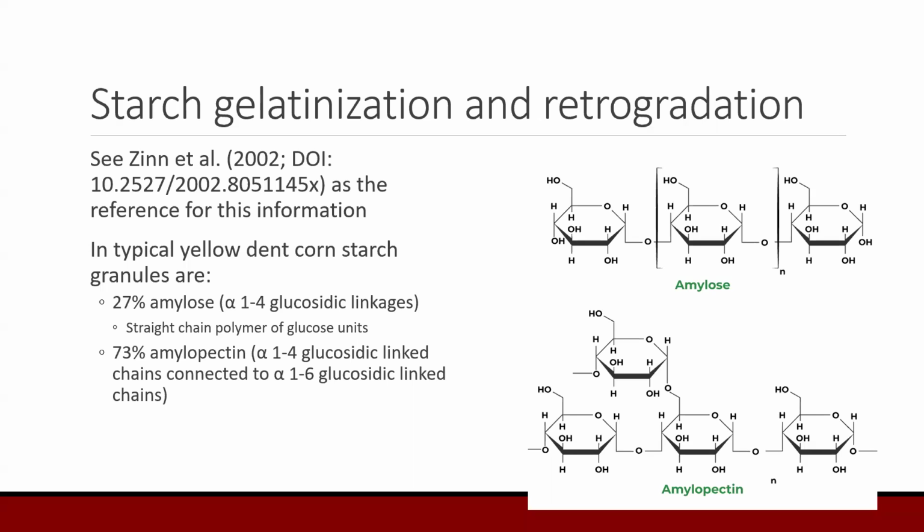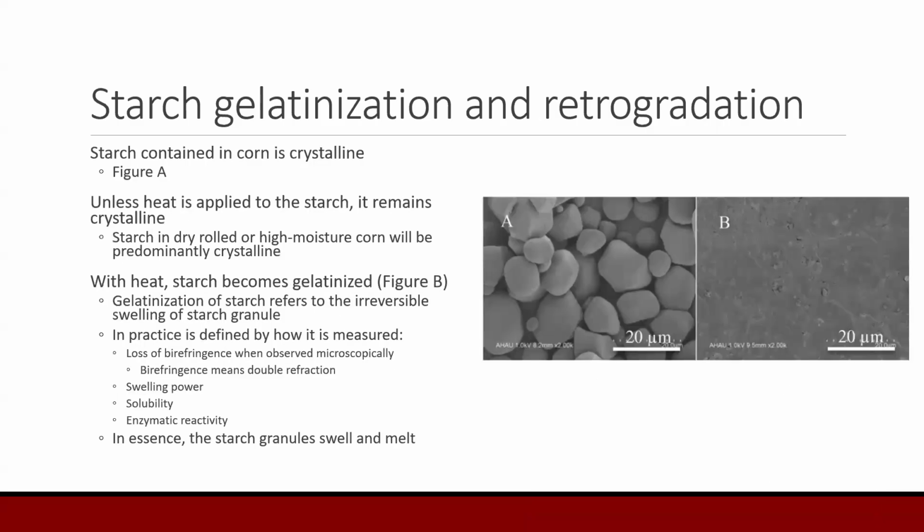So amylose is going to look like a straight line of glucose. Amylopectin is going to look like a bush, where you have some straight lines, but there's branching off at those alpha-1,6 glucosidic bonds. Because the bulk of the starch granule is that amylopectin, with this bush-like effect, the starch in corn is going to be crystalline.